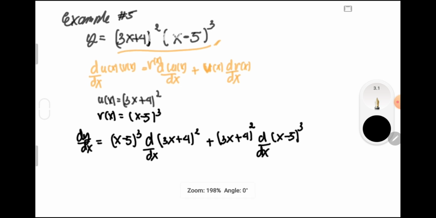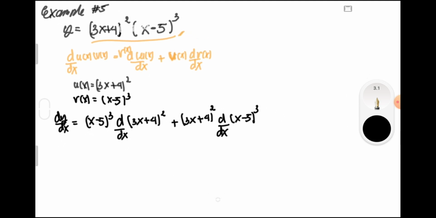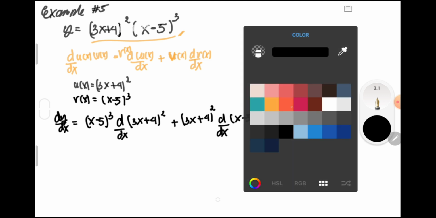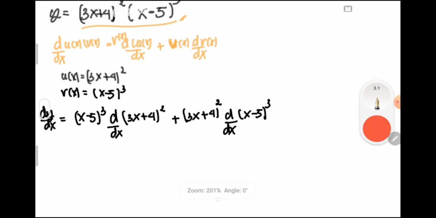Okay, so from this, the next thing we will do is our power rule. Okay, wherein your u of x will be equal to 3x plus 4, and your n will be equal to 2.